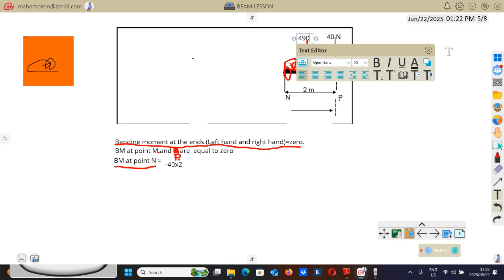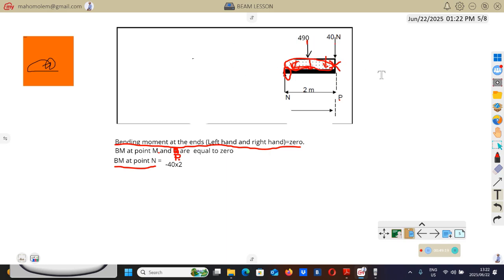We only change this UDL to a point load when we do calculations. So the weight of this red thing that you see here will be replaced by this 490. Now when you check on this side, you will have two forces, 40 and 490.